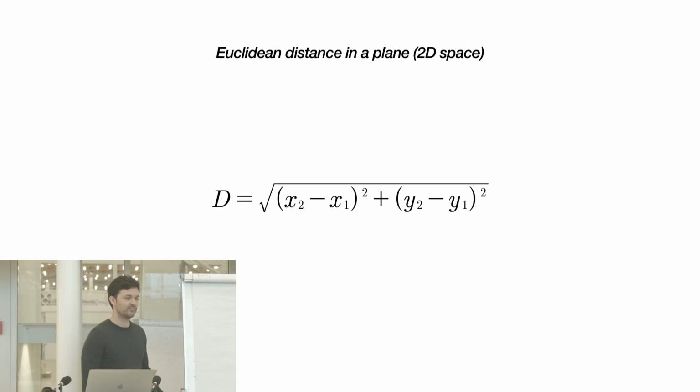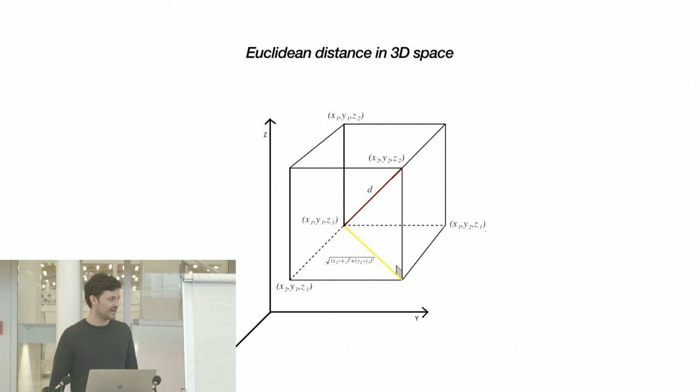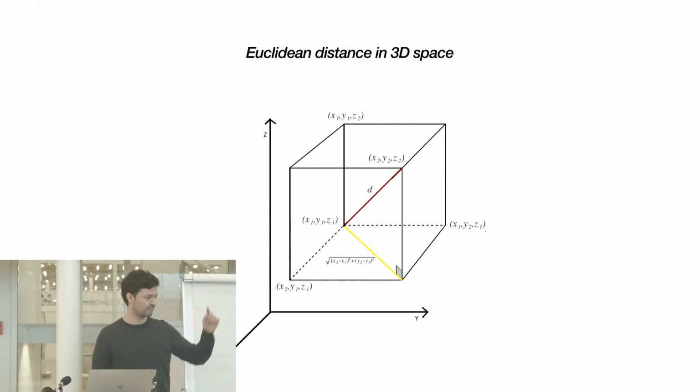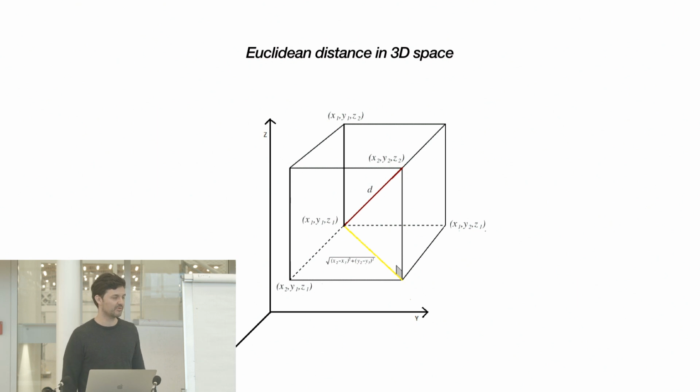But now, to show you that we can extend this concept: if you go to 3D space, now our Euclidean distance is symbolized by this yellow line down there. On top of that line, we now have a z coordinate, which points up. Then we need to find this d in the middle, the diagonal. So we simply do another Pythagorean theorem to calculate d. Again, we have a right triangle.